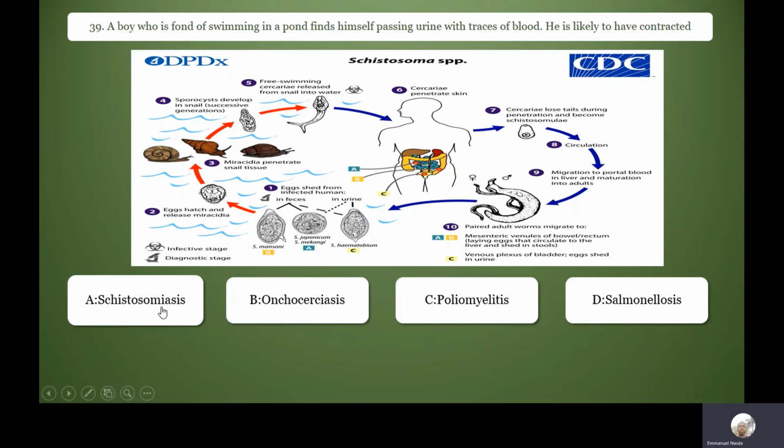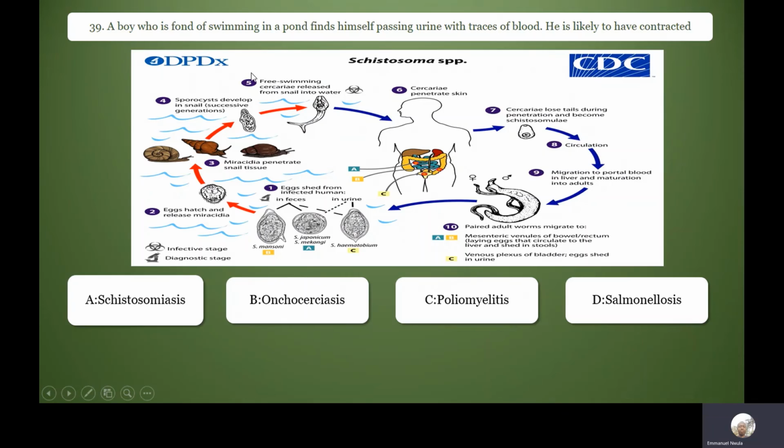There are worms that, when you drink water that is contaminated with the worms, they can move into your bloodstream and then penetrate into your bladder, the urinary bladder.